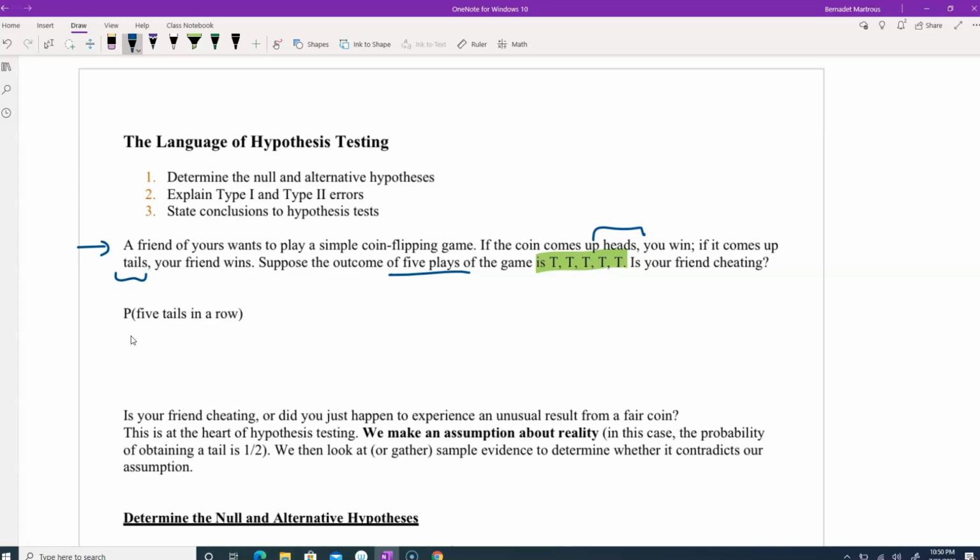So we want to find the probability of having 5 tails in a row. This is equal to the probability of tail and tail. So we have 5 tails here.